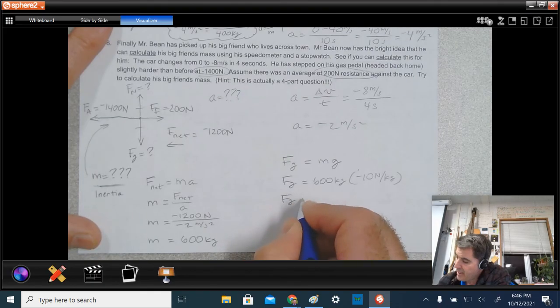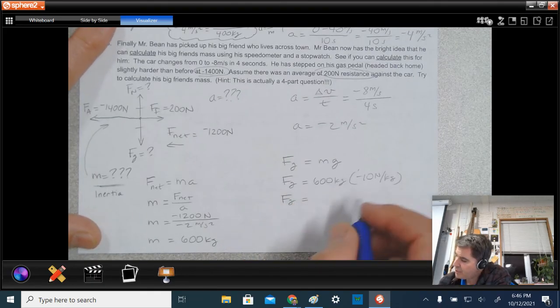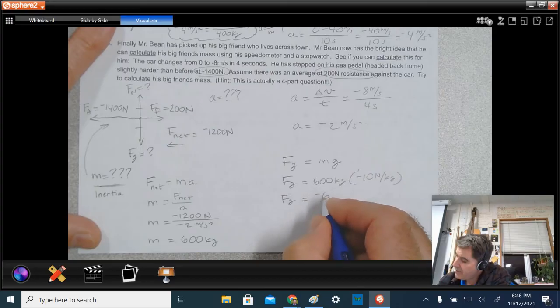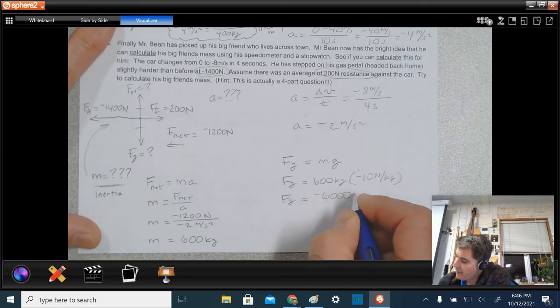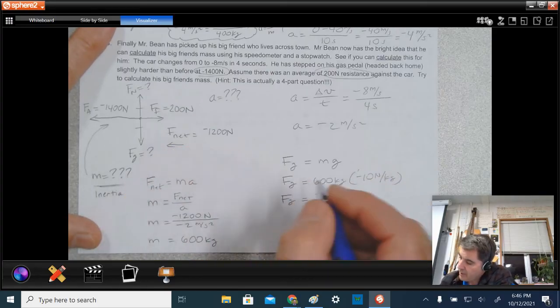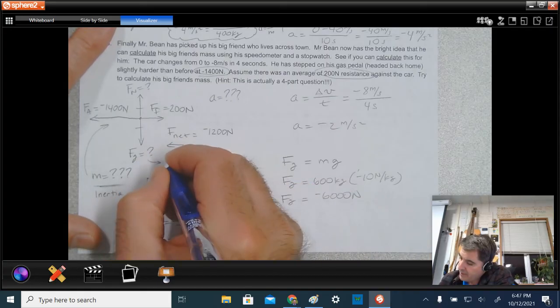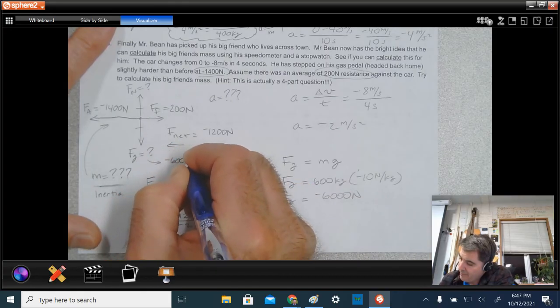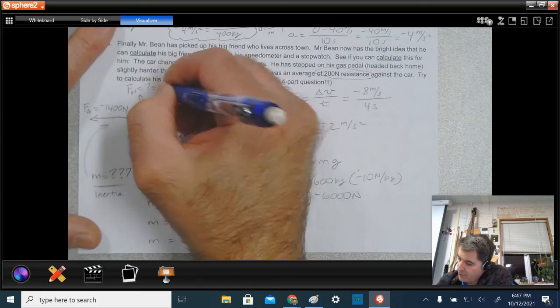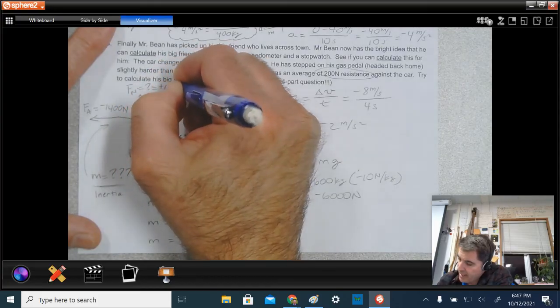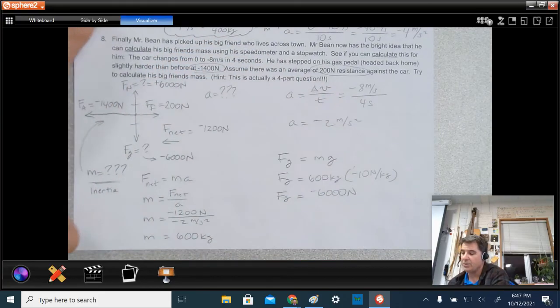And I get Fg is equal to negative 6,000 newtons. And that will be equal to a positive 6,000 newtons because they cancel out. Is there anything else that we need there? I don't think there's anything else we need there. I think I answered the question.